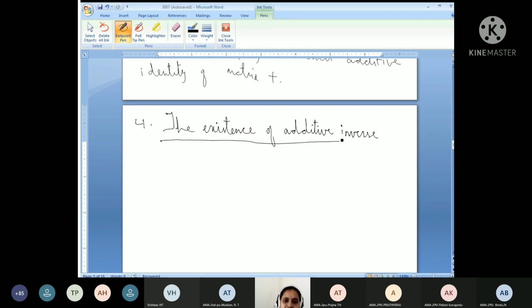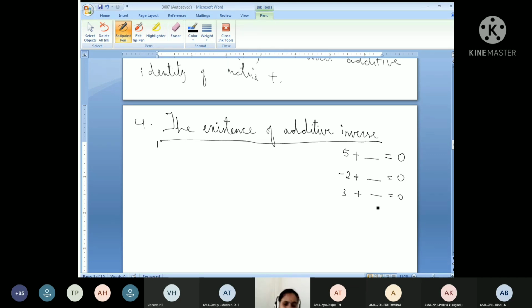What do you mean by additive inverse? Again, let me give some examples. 5 plus something is equal to 0. Minus 4 plus dash is equal to 0.